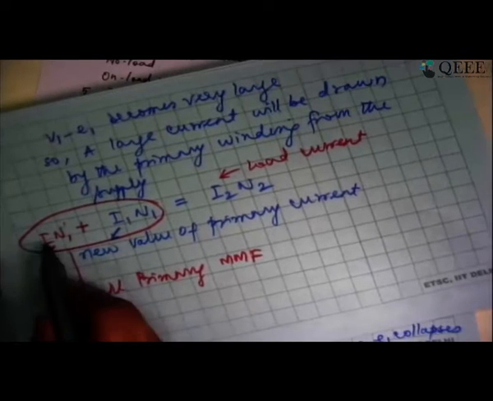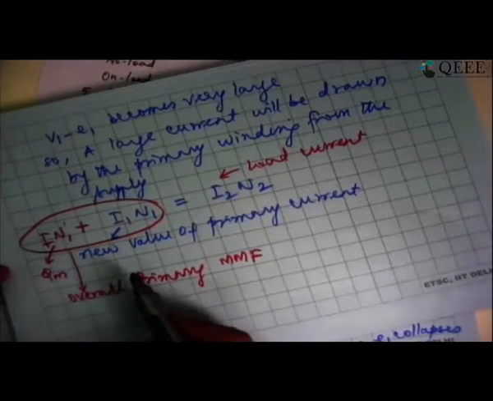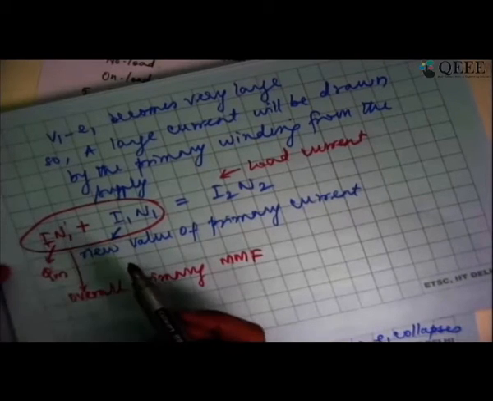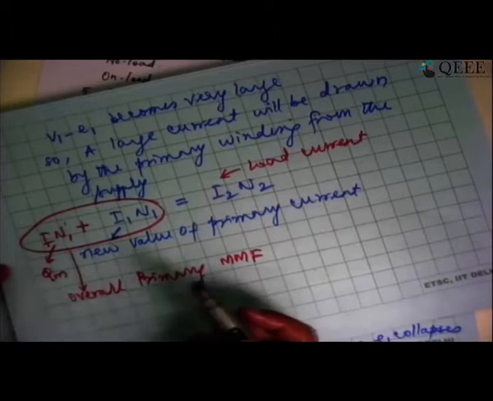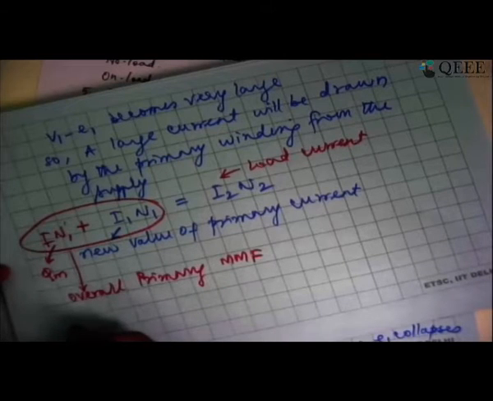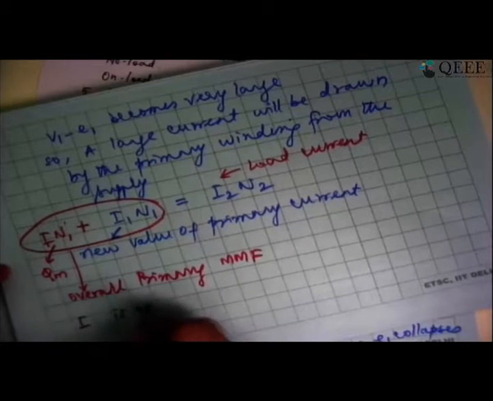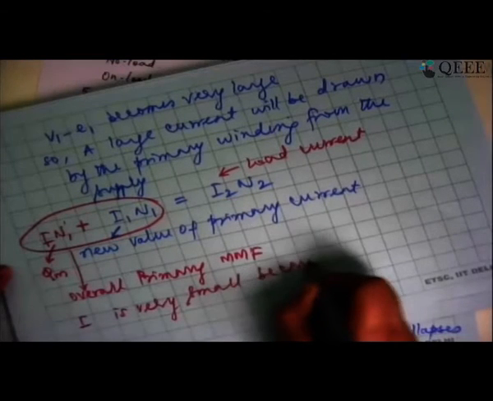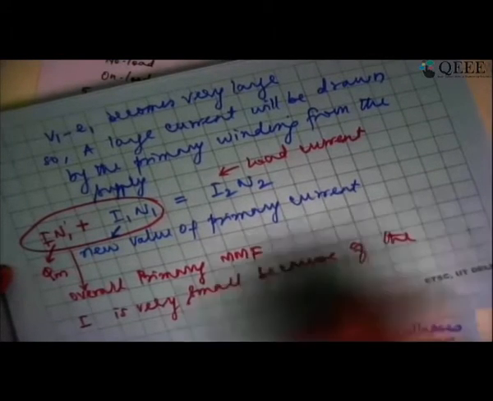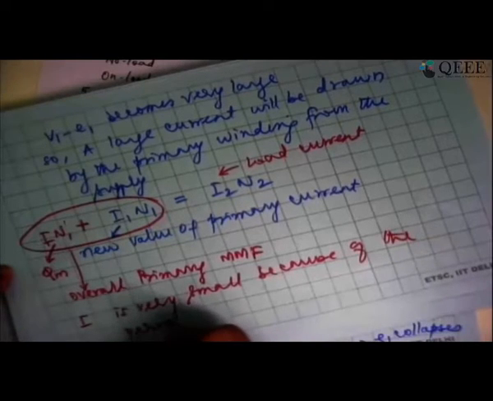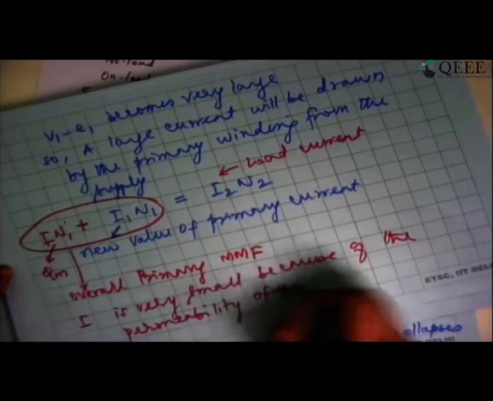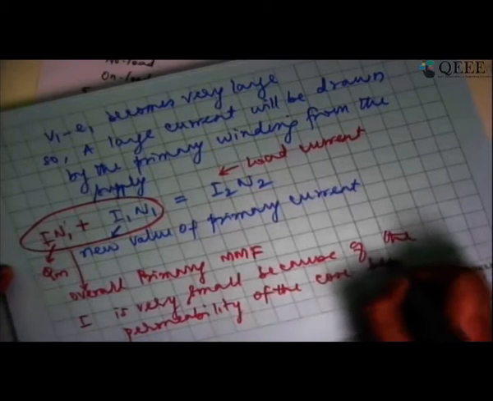The current drawn by the transformer initially to establish phi m was a very small quantity because the permeability of the ferromagnetic material is high. So I is very small because of the permeability of the core being very high.